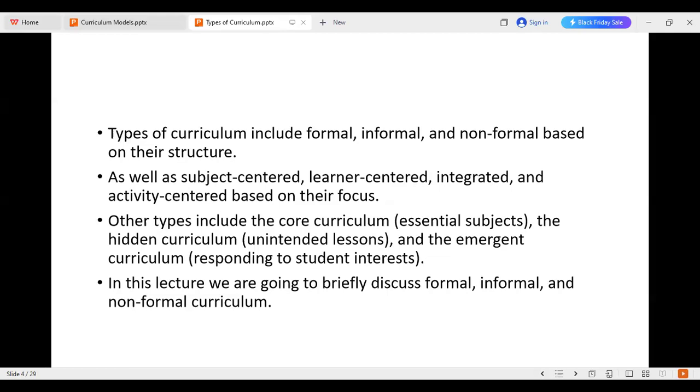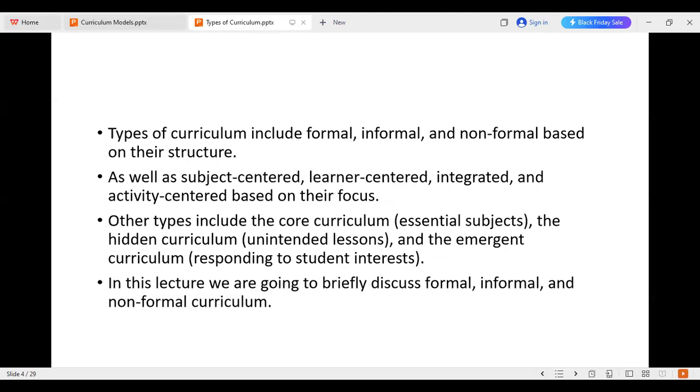The hidden curriculum, unintended. That is one type. Directly we do not teach, but we make an environment and some practices in the school that allow students to learn.